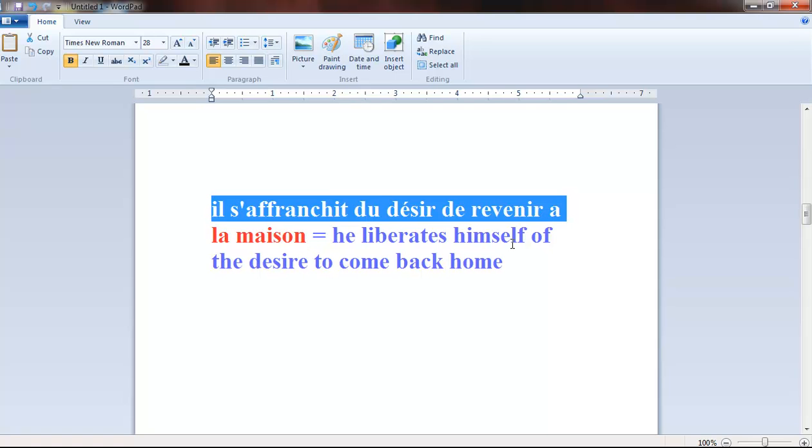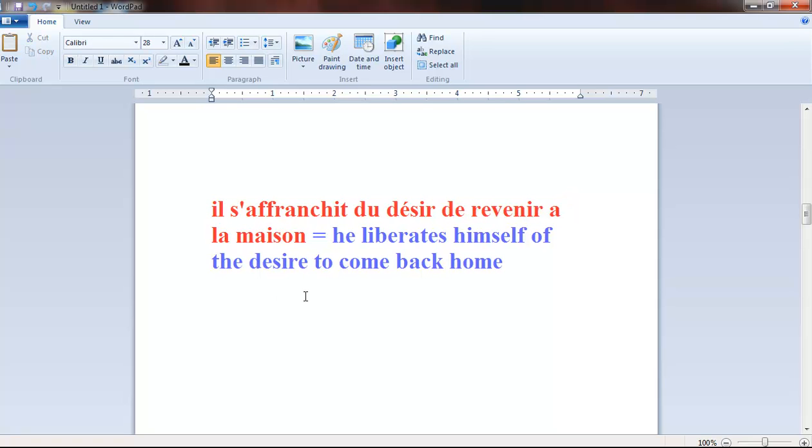He liberates himself of the desire to come back home. Let's break the sentence into more easy to understand vocabulary. Il s'affranchit. It means he liberates himself. Here the reflexive pronoun himself, it's actually this little s that I'm gonna put in green. Il s'affranchit. He liberates himself.